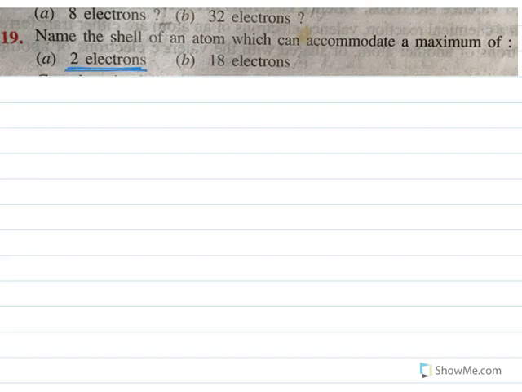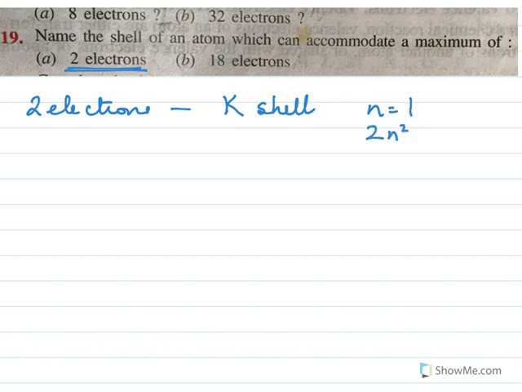Name the shell that has 2 electrons. 2 electrons is the first shell, K shell, because n equal to 1, 2n square means 2 into 1 square, so 2 electrons. And name the shell that has 18 electrons.